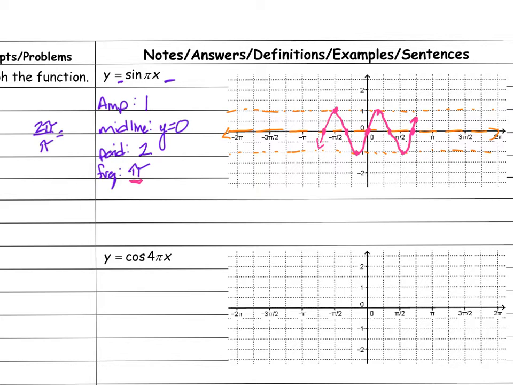Although probably Desmos is not going to give you your x-axis in radians. It'll probably give it to you just in 1, 2, 3, 4. But you should be able to see that 2 pi would be like 6.28. You should have about 3.14 revolutions.